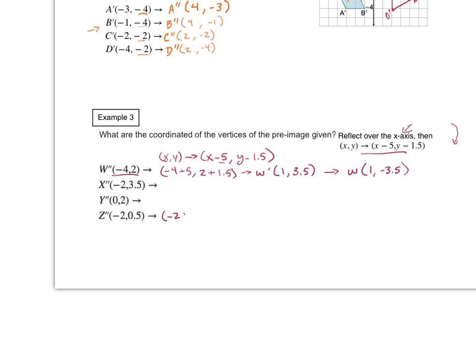So instead of negative 5, we're going to add 5. Y is going to be 0.5 plus 1.5. So then my Z prime would have been 3, 2. And again, reflecting over the x-axis, Z would have been 3, negative 2. So these would have been my two starting points. We could do the same thing with all of those points, just working backwards, trying to see where we started off from.